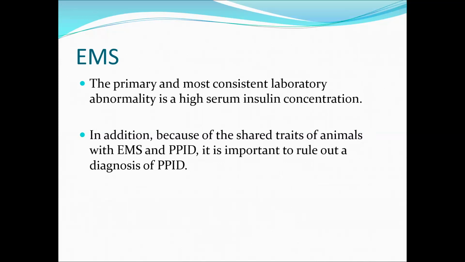There are other lab tests that we can do that we won't get into, like leptin and other markers of this disease that get a little bit more complicated. All right, so these horses can look very much like a Cushing's horse. So EMS and PPID are very similar. So oftentimes we need not just an insulin level, but also a Cushing's test to figure out which of these diseases the horse has, or if it has both.